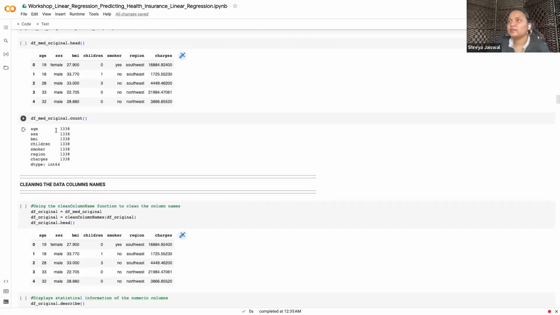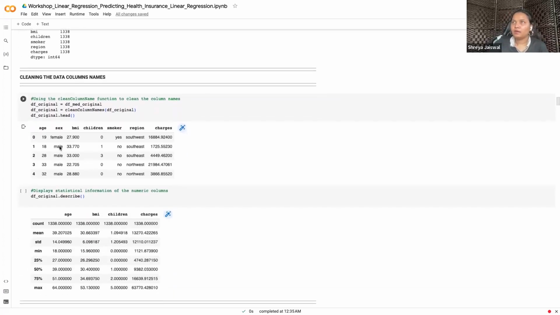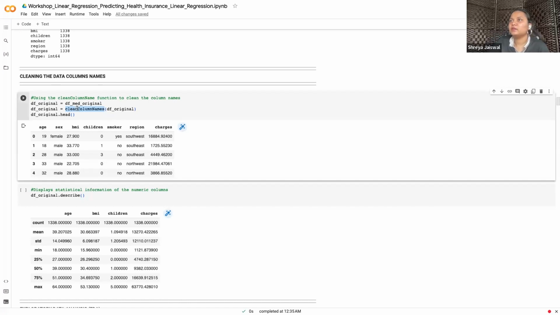This particular data set has around 1,338 rows. So that's the amount of data we're dealing with for now. We've started off with cleaning the column names using the function I had used initially, making all my column names lowercase and removing any extra space.